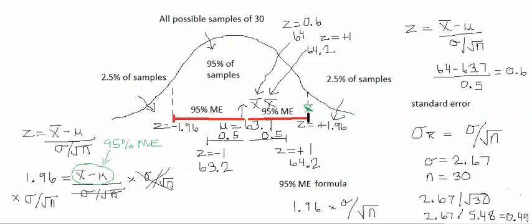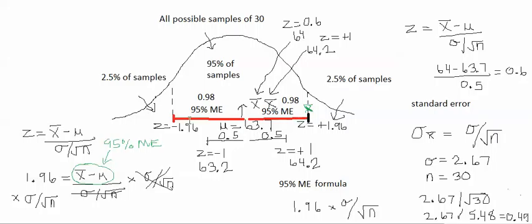Because we just found out that our margin of error is 0.98. So this is 0.98. This is also a distance of 0.98. So 95% of the possible samples of 30 would give us a sample mean somewhere between 0.98 below this population mean and 0.98 above that population mean.